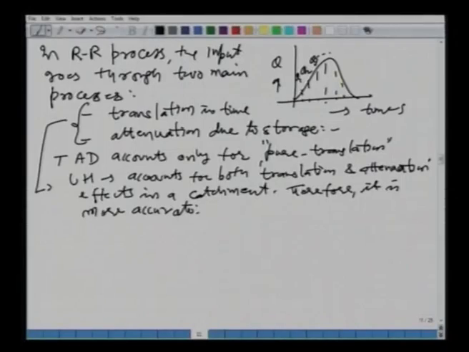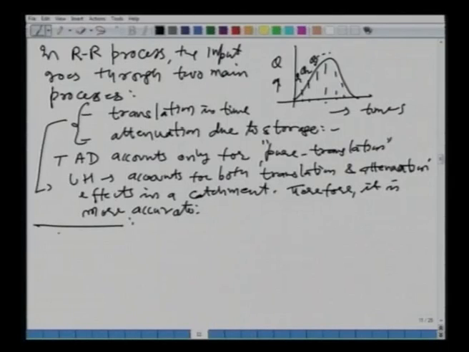What I would like to do next is look at an example of the time area diagram, how we can actually develop it and how we can use it. So, next we are going to look at an example on the time area diagram. In this example, I am going to first write it down and then we will see how we can solve it.